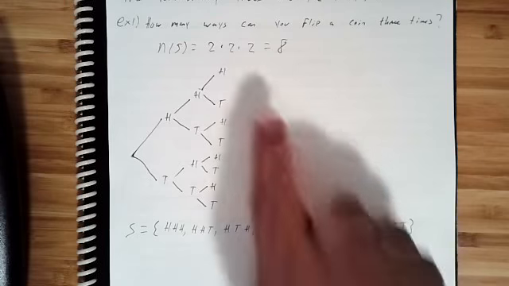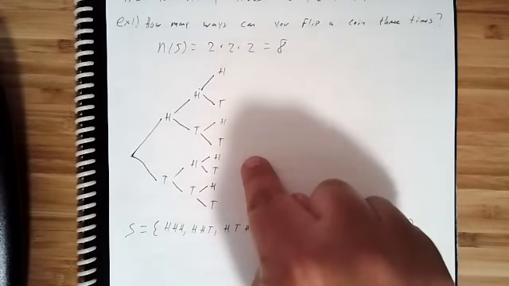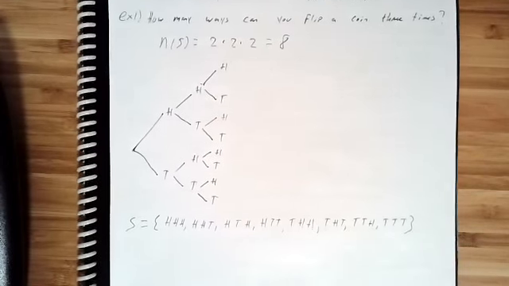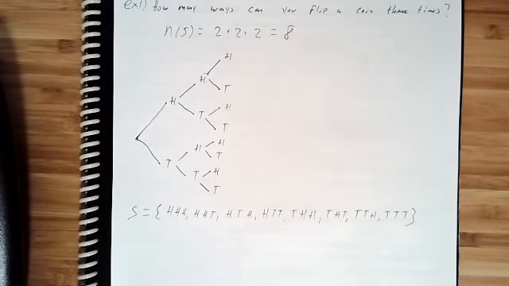But anyway, so this was the multiplication rule right here. This is the tree. Let me give you the formal definition, and we'll apply it to something else.